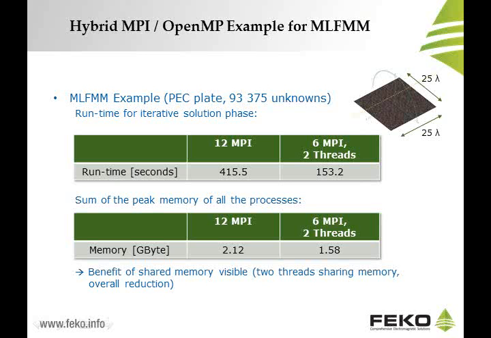And by switching to a hybrid MPI, OpenMP shared memory model, you see here at the top that not only the runtime reduces, but also in the bottom in particular the overall memory requirement, so that the peak memory of all the processes added together can be reduced by about 25%.